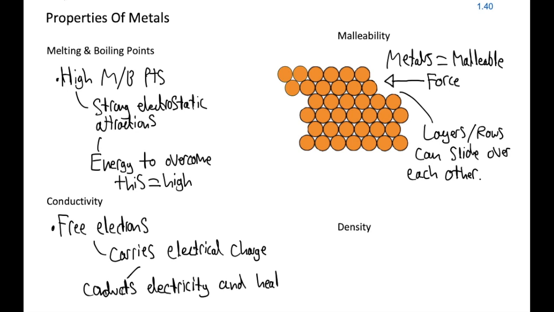So we can change the shape of a pure metal by doing that, by applying force. If we hit metal with a hammer or something like that, that would work, I would think.